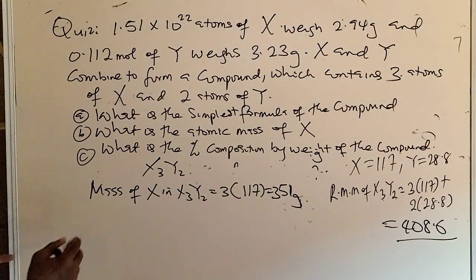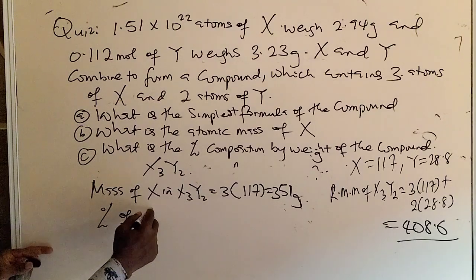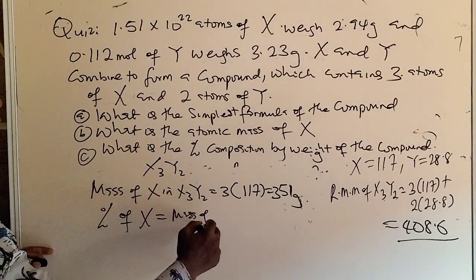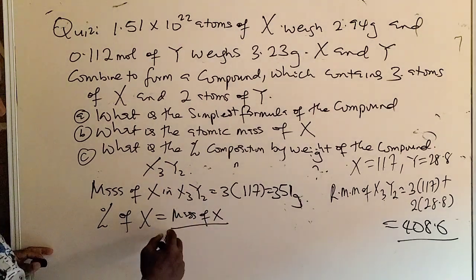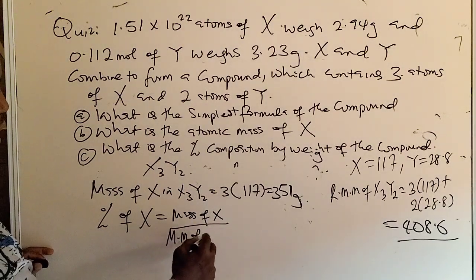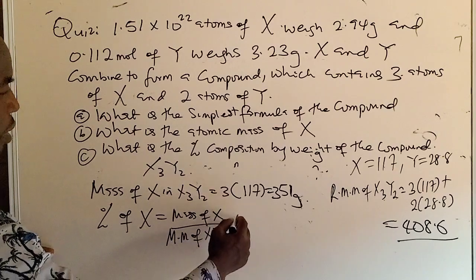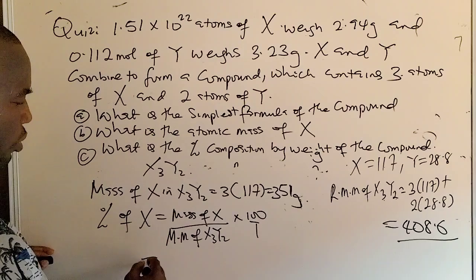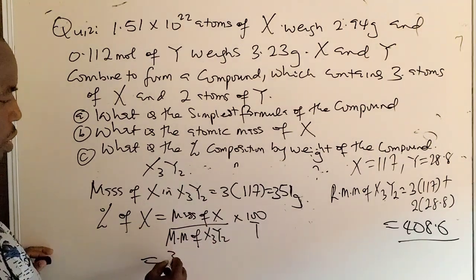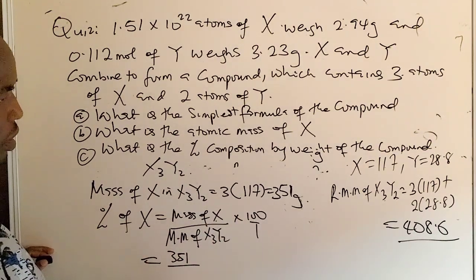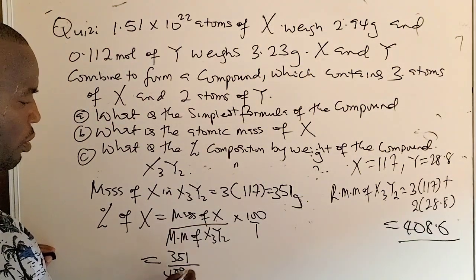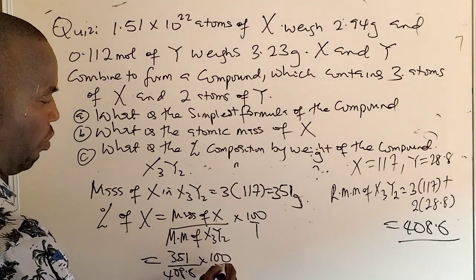So percentage of S in the compound becomes the mass of S all over the molar mass of the compound S3Y2 times 100 over 1. And that will give us, of course, the mass of S is 351, the mass of the compound is 408.6, times 100 over 1.